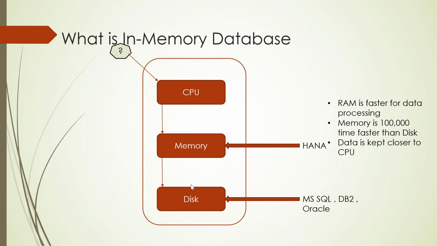Those 2 trillion records will not be loaded into the memory at once. What happens in a traditional database is that the records are loaded into memory partially. Some records are loaded, the statement looks for the data, then the loaded data is unloaded, and the next part of the data from the disk is loaded into the memory.